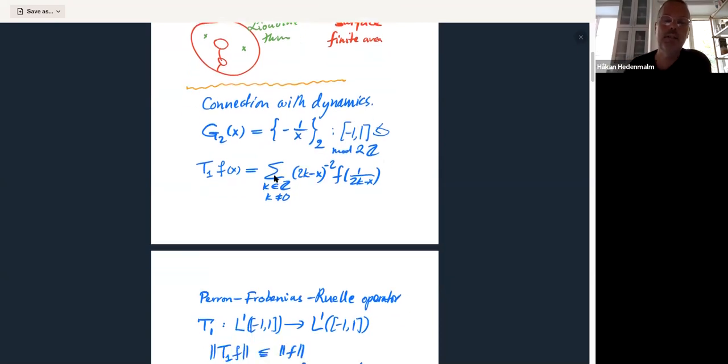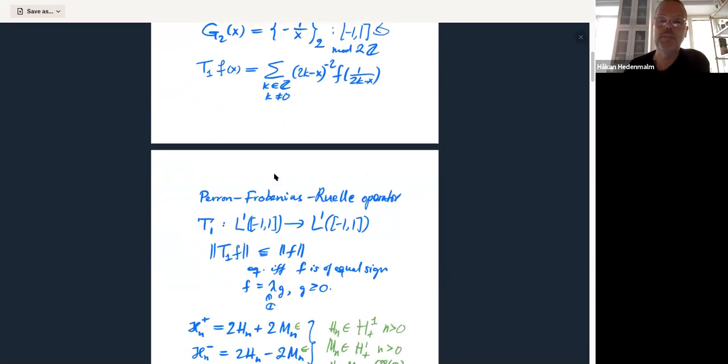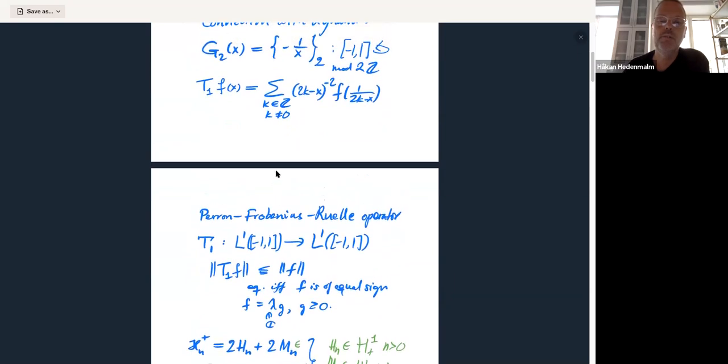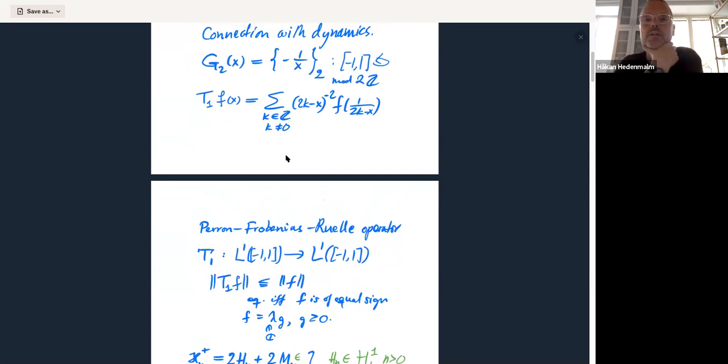And T1 is just this Perron-Frobenius Ruelle operator, which is a natural thing associated with the dynamics of the mapping of the unit interval. What is the mapping? It's a mapping of masses, in fact.